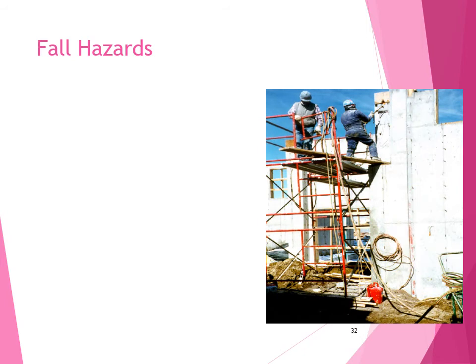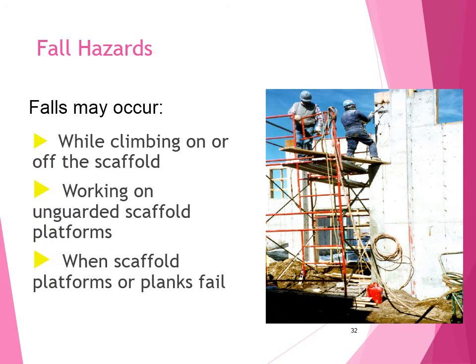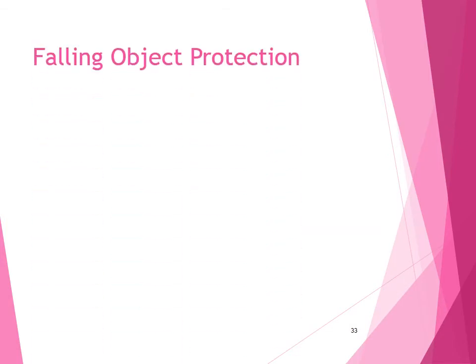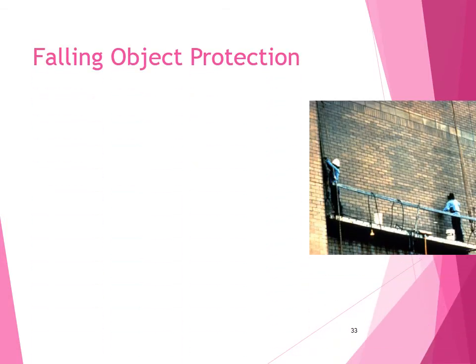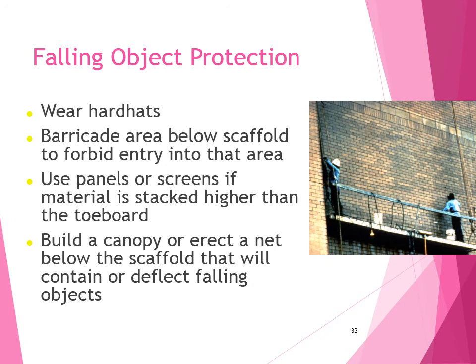Fall hazards. Falls may occur while climbing on the scaffold, working on unguarded scaffold platforms, when scaffold platforms are planks facing. Falling object protection. Wear helmets, barricade area below scaffold to forbid entry into the area.